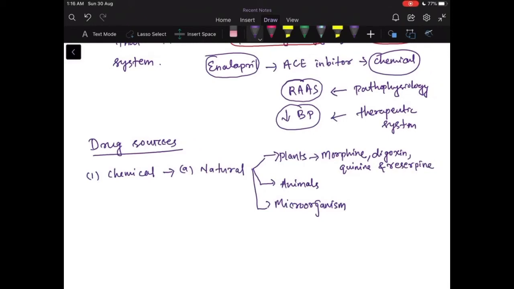And the example of drug obtained from animals is insulin, very popular, and the drug obtained from microorganisms is very famous, antibiotics.